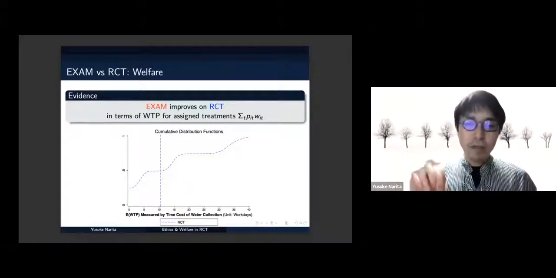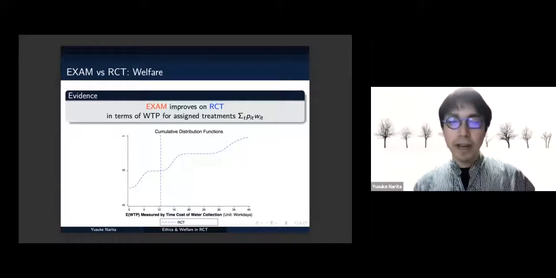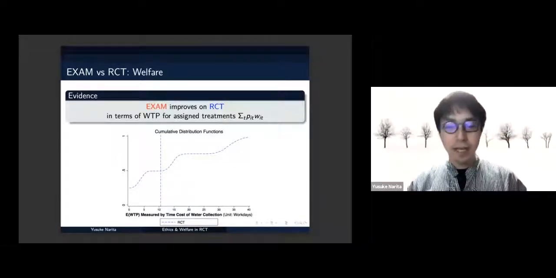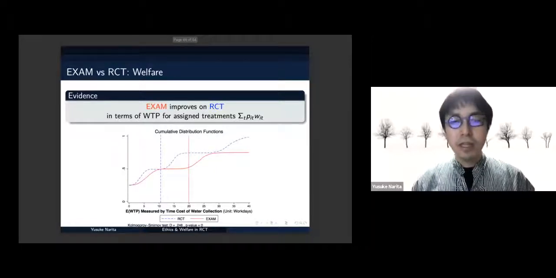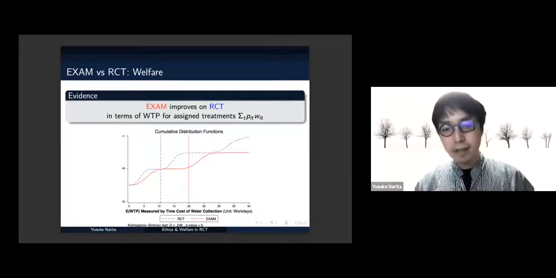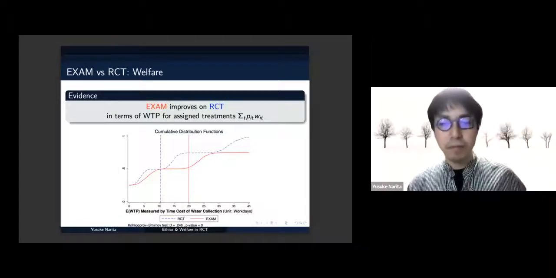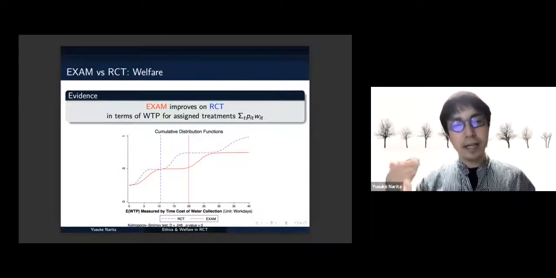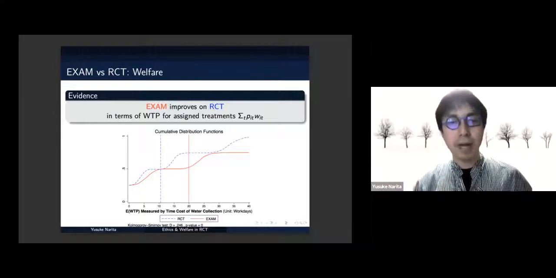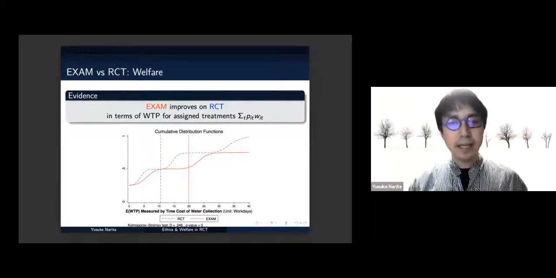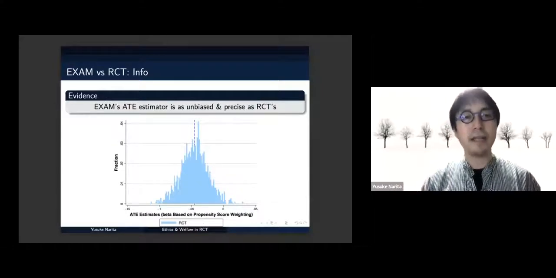This dotted blue line is the distribution of welfare under the RCT. Now, what happens if we switch from this to exam? The resulting new distribution is this red solid line. There is some first order stochastic dominance improvement, and the average value indicated by the vertical line improves by about 90%. So exam seems much better than RCT in terms of welfare.